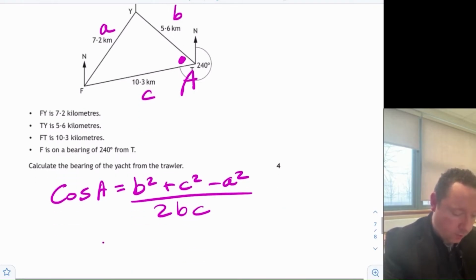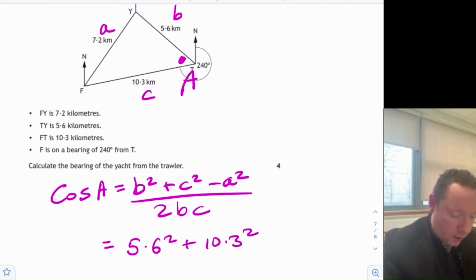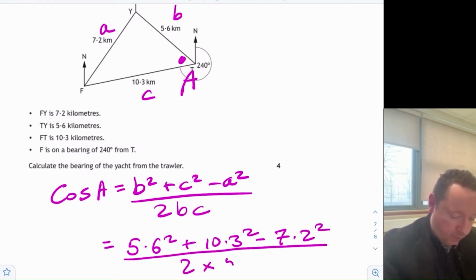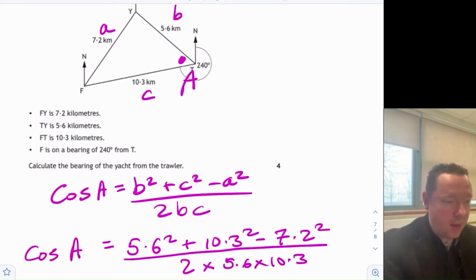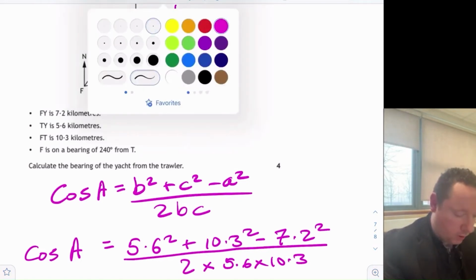So we can then say we've got 5.6 squared plus 10.3 squared minus 7.2 squared, all over 2 times 5.6 times 10.3. That's cos A. You'll get a mark at that point for substituting correctly into the cosine rule.